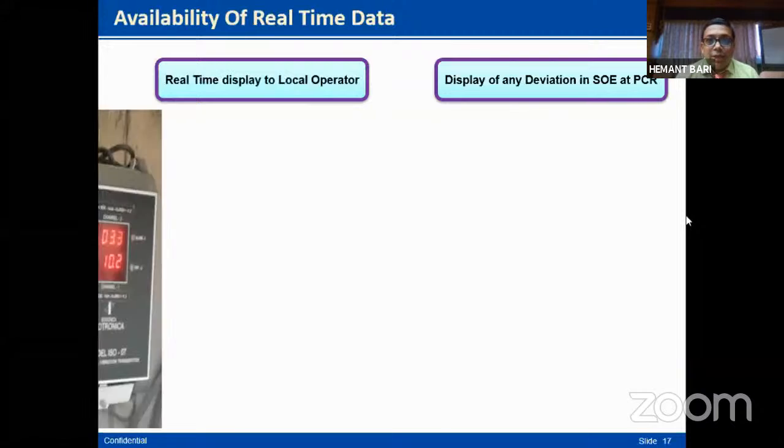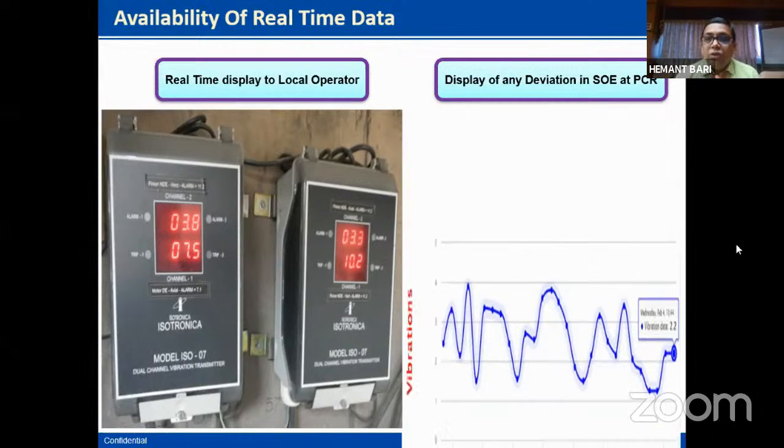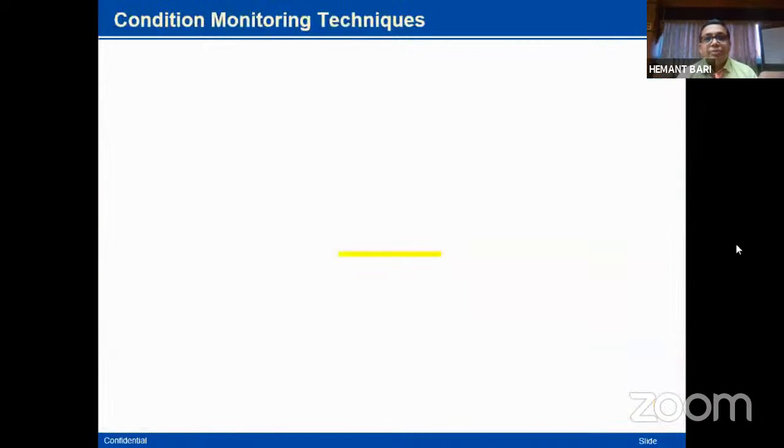An automatic trend is generated, the value is shown to the operator, and when a value goes beyond the limit, on a big TV screen, in the sequence of events, a sentence will appear saying there is a problem with the coal mill ND bearing in axial direction, just look at it, with a buzzer sound, and everyone will be alerted. We'll find out then what the problem is in the particular machine.